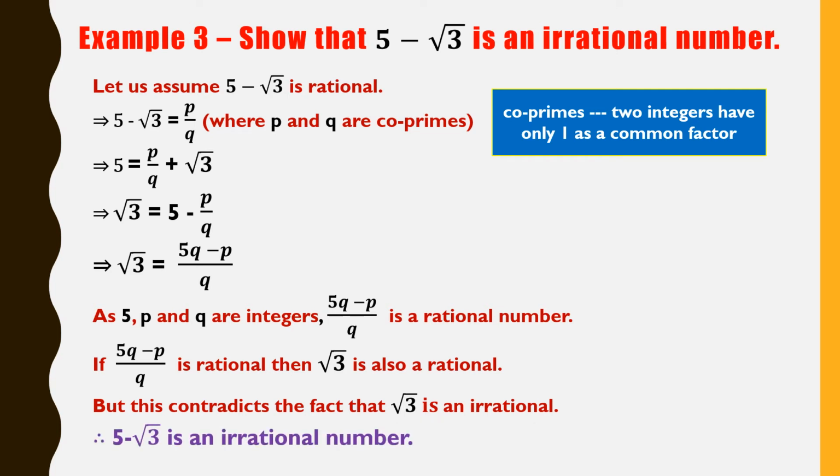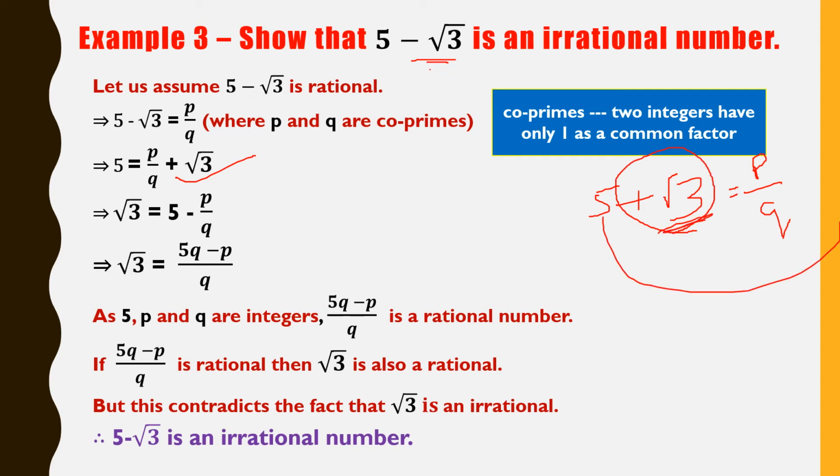Same steps, please don't get confused. Whenever there is a subtraction symbol, a minus symbol, you make the irrational number positive. If it is a plus symbol, suppose the question is given like this, 5 plus root 3, equal to p by q. We'll take it as a rational number, right? Here root 3 is already in plus symbol, so don't disturb this one.